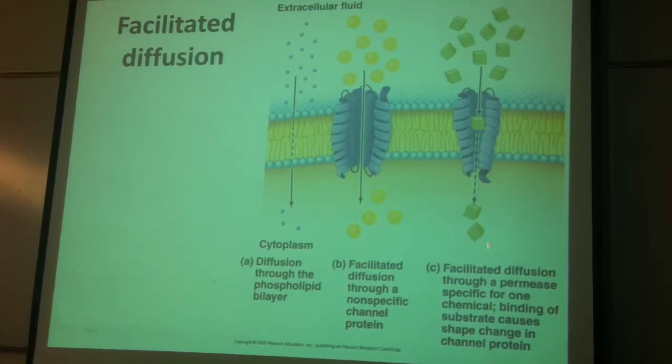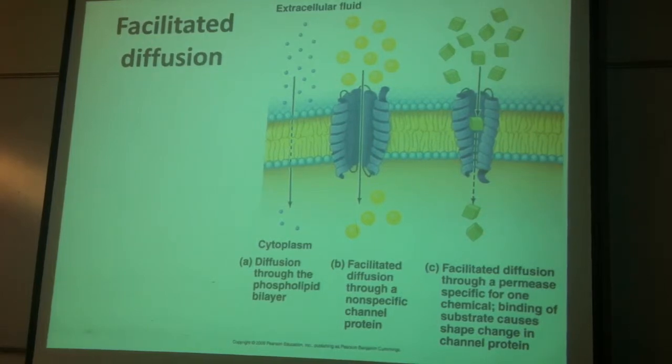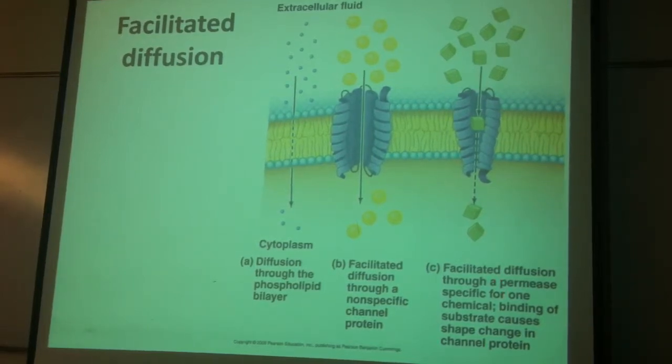You can also have some that are very specific, and they bind to the substrate. Binding to that substrate causes some kind of change, which allows them to be spit out the other side, so that you can actually get that single protein going through the channel.